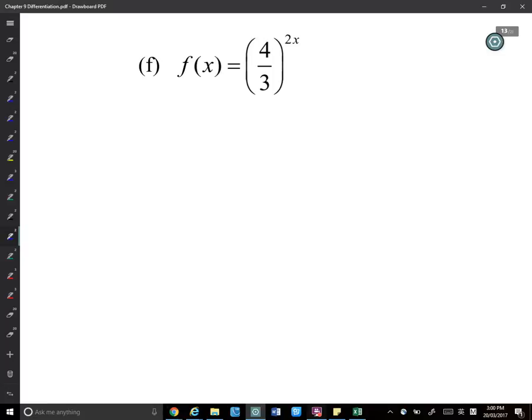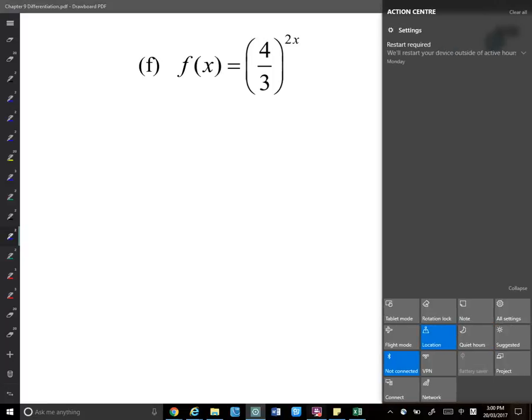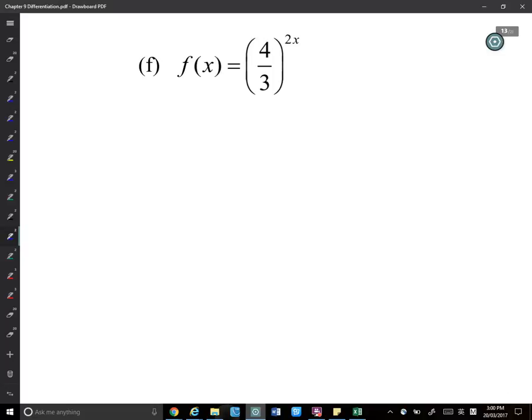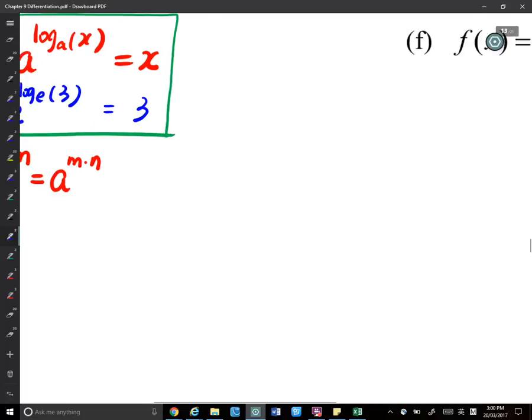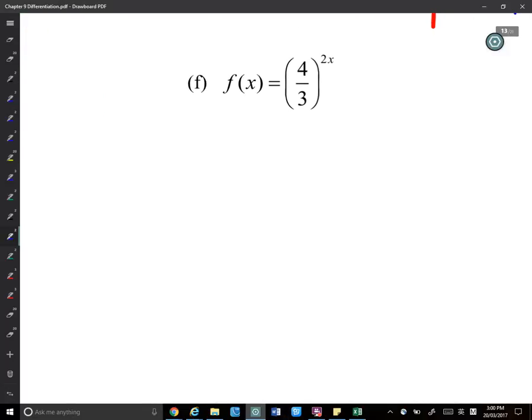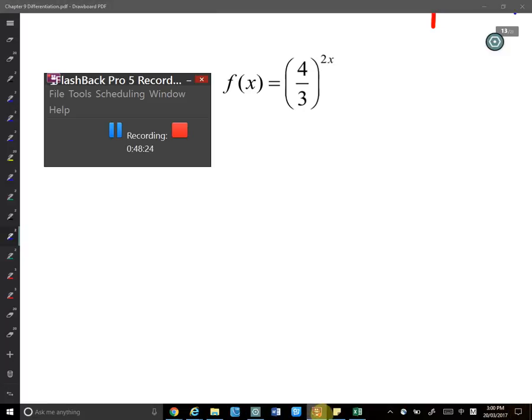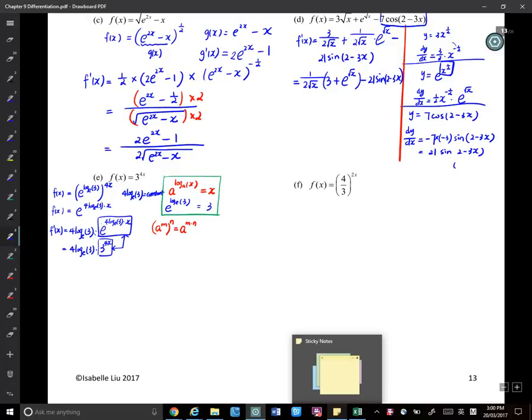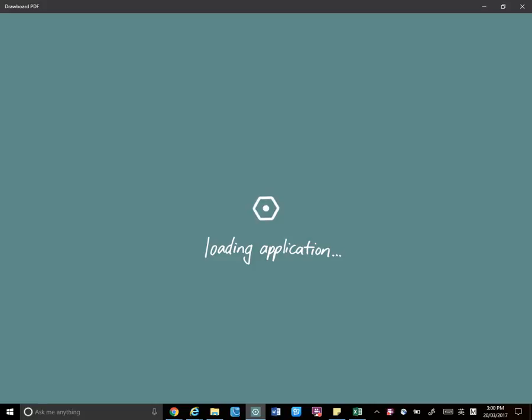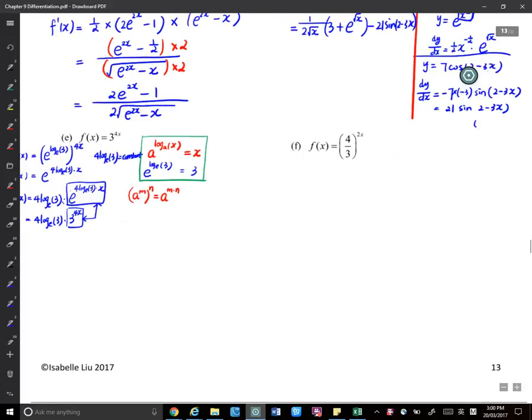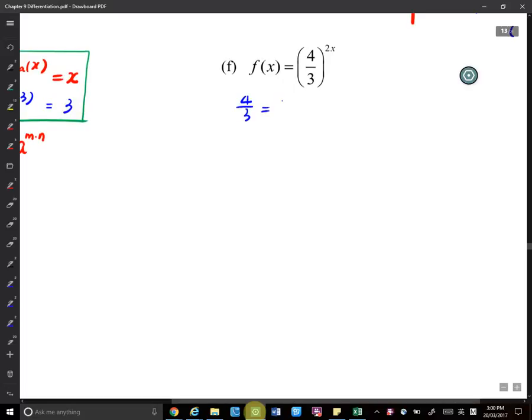So, 4/3 should equal e to the power of log_e 4/3. f(x) should be e to the power of log_e 4/3, then to the power of 2x.